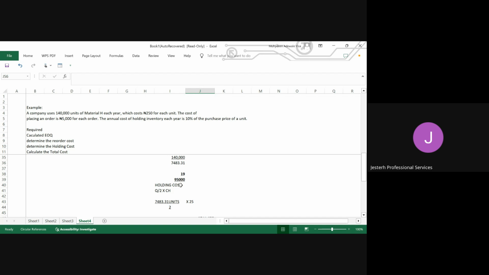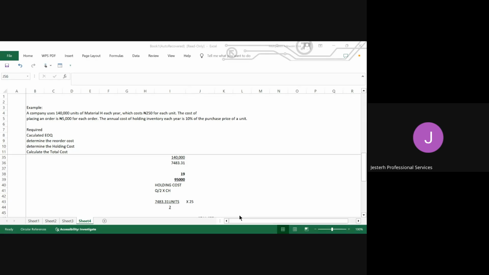Once you are able to determine the reorder level costs and the holding costs, it is going to give you the cost at which you are going to save your inventories whenever you are bringing them into the store.